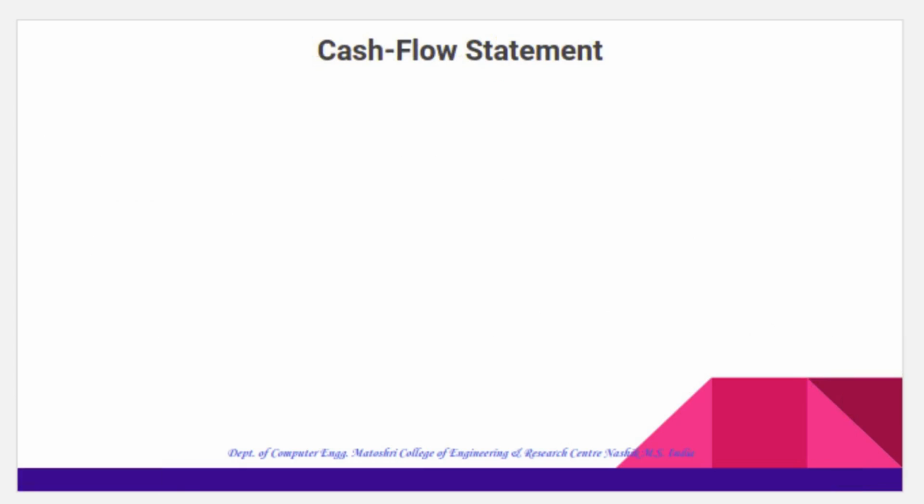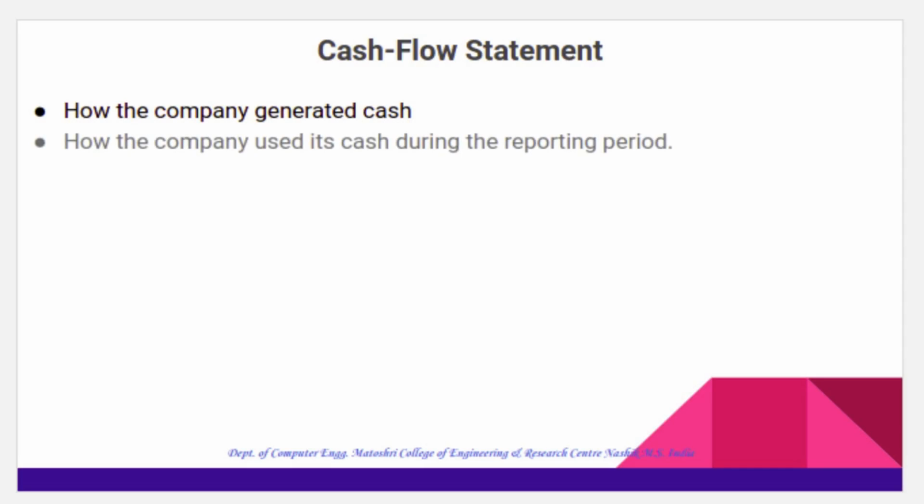The income statement explained in the previous section indicates only whether the company was making or losing money during the reporting period. Therefore, we need another financial statement, and that is the cash flow statement: how the company generates cash and how the company uses its cash during the reporting period.